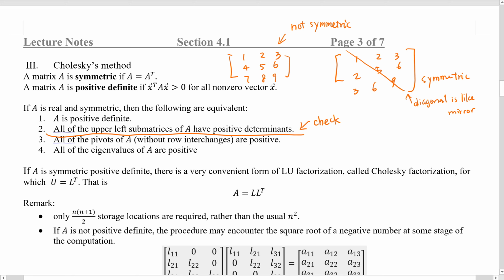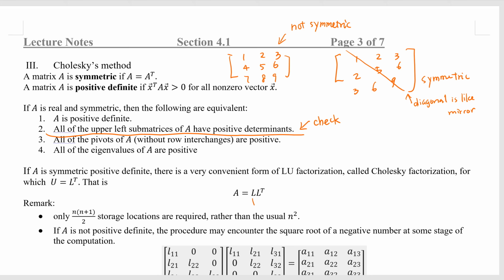Next, if A is symmetric positive definite, there is a very convenient form of the LU factorization called the Cholesky factorization, for which U is the L transpose. So that is A is L times L transpose.